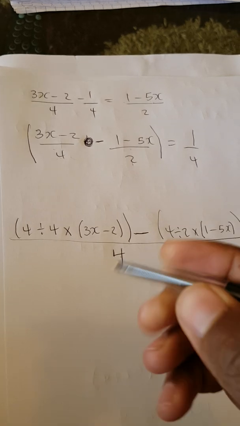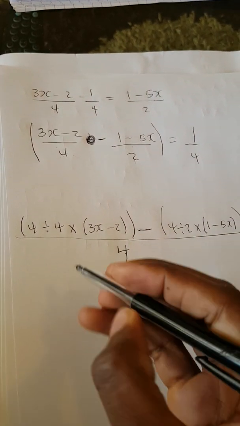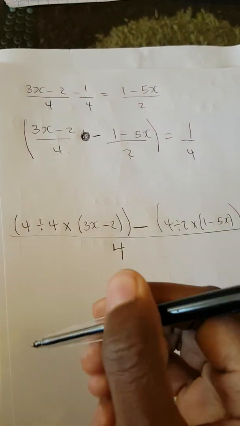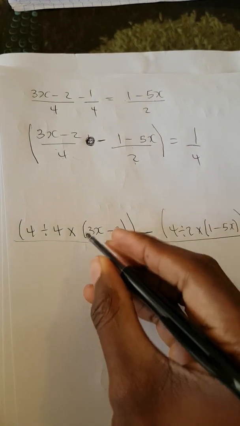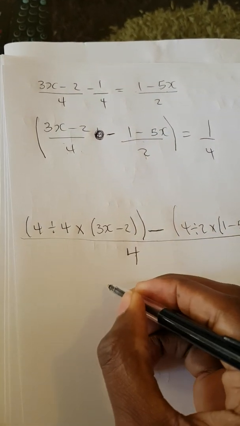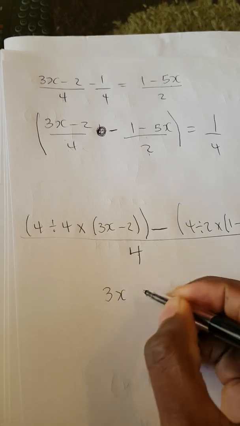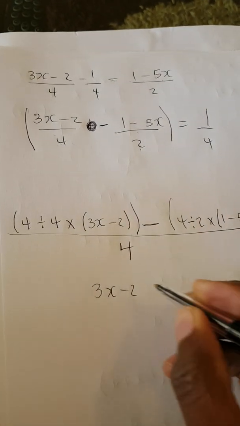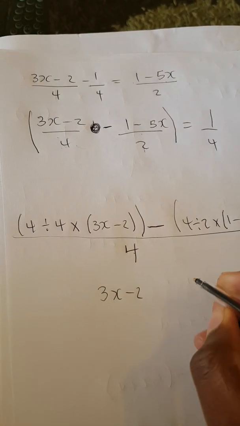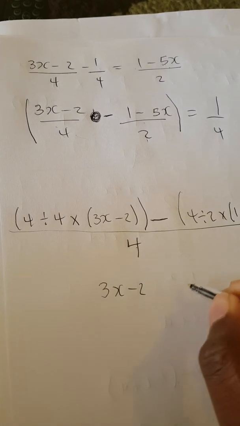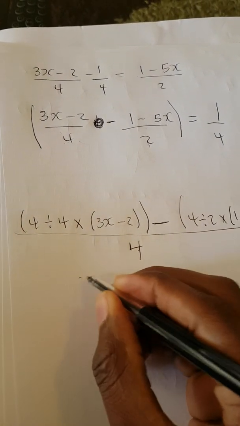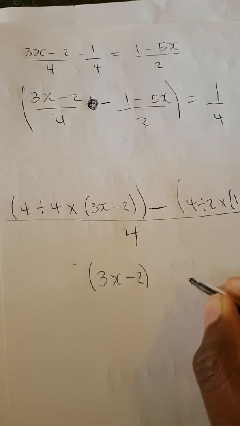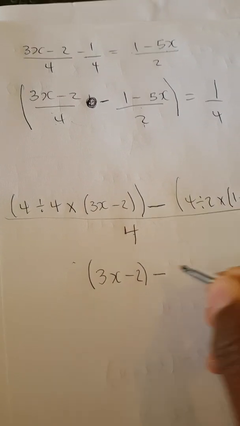Okay, so let's see what we have here. We're going to say 4 divided by 4 is going to be 1, so it means 3x minus 2 will remain the same. So here we're going to have 3x minus 2. Okay, and then 3x minus 2, let me just put it in brackets, and then minus.